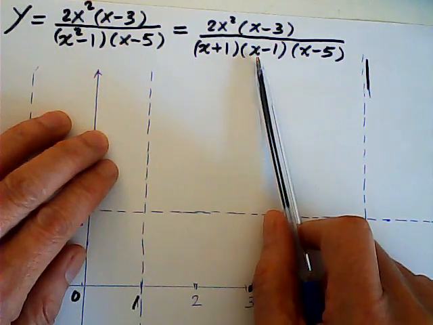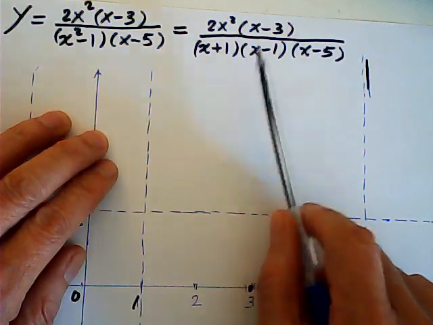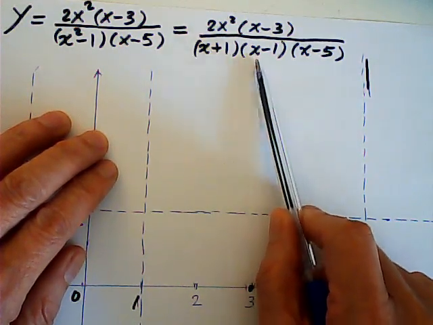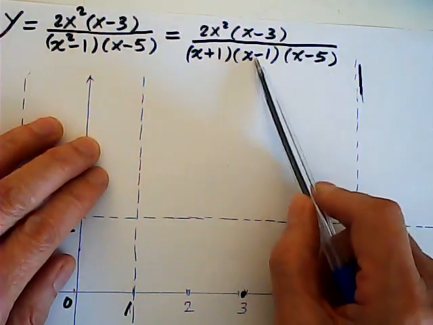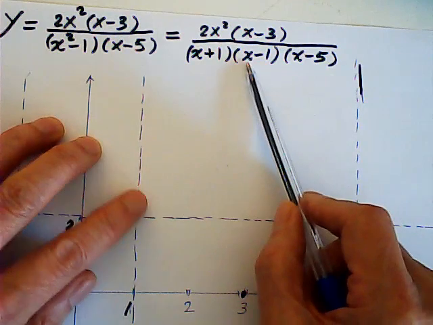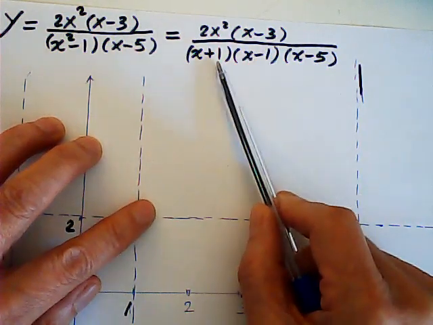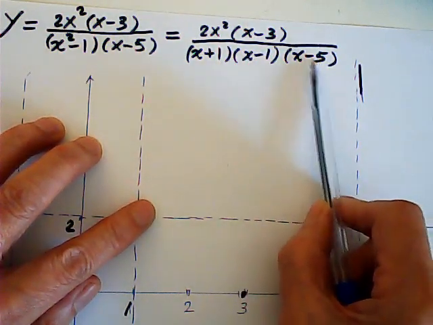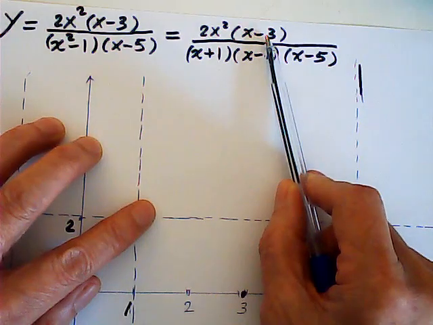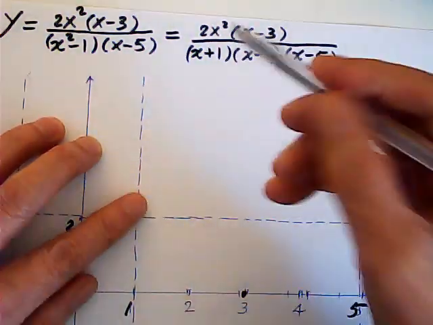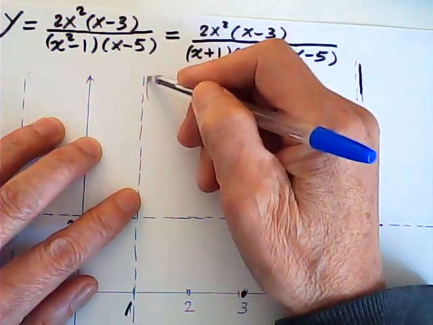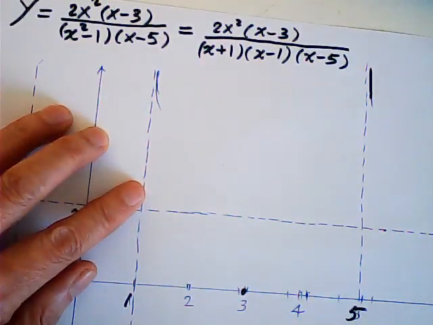When x approaches 1 from the right-hand side, that means x equals 1.00000 and so on. So this one is positive, positive, negative, negative, positive. So overall is positive, so positive infinity. Understand?